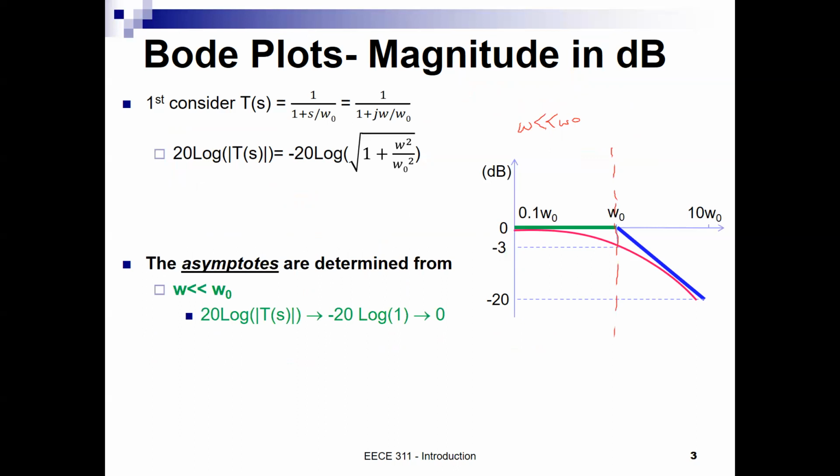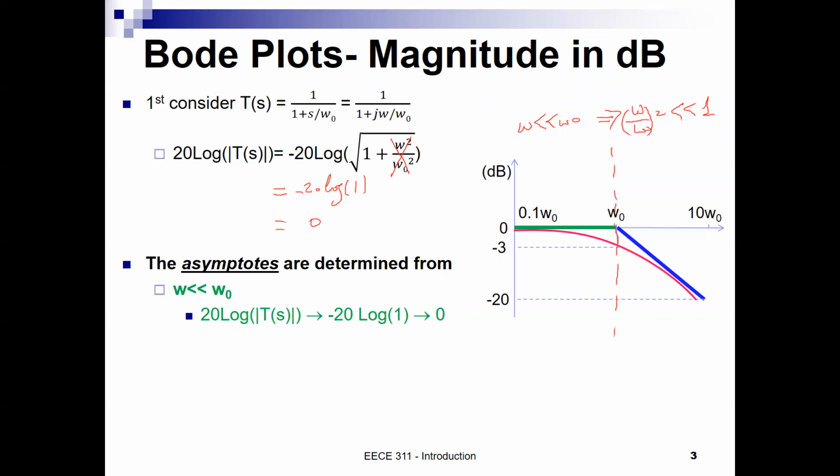Okay, and for this we need to approximate the function. So if ω is much smaller than ω0 asymptotically, then (ω/ω0) squared is much smaller than 1. And therefore we can drop this, and we can assume that the 20 log |T| becomes 20 log 1, which is around 0.